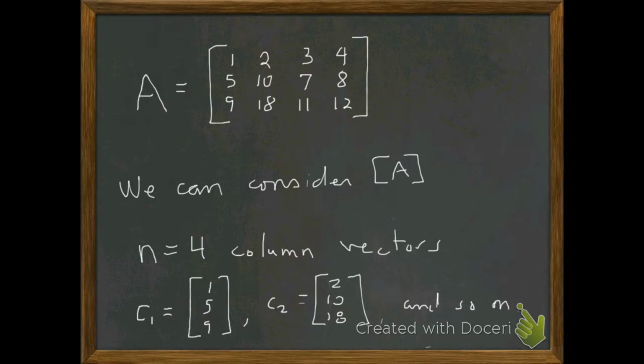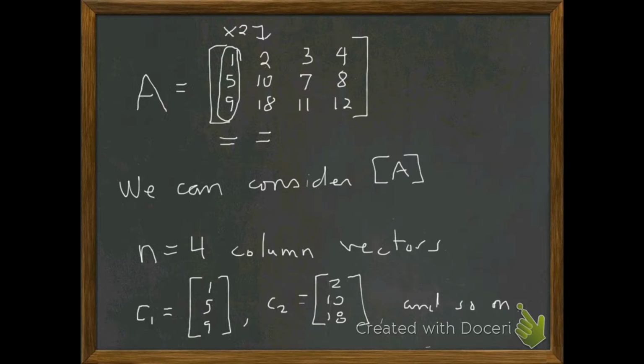Now, guys, I've constructed this in a special way because I want you to focus on column 1 and column 2. What you'll notice is that column 1 is (1, 5, 9) and column 2 is (2, 10, 18). It's easy to see that we could take this column, multiply by 2, and create this other column.